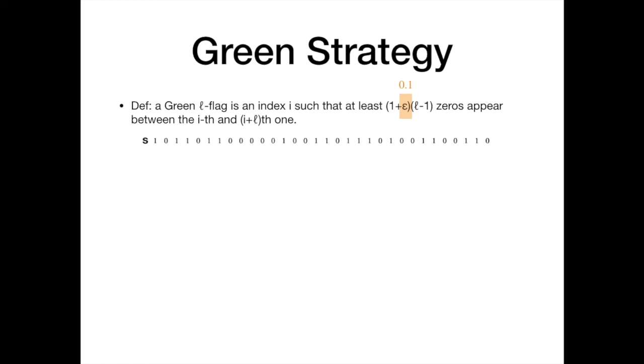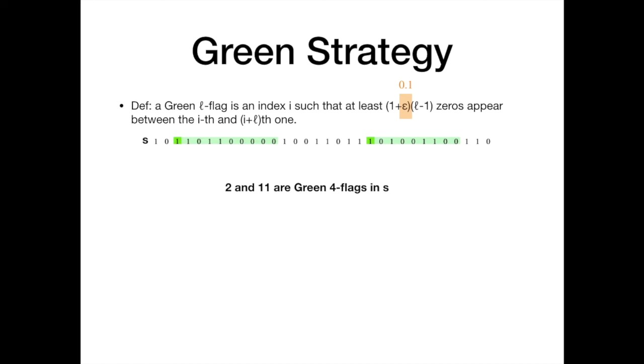It's easiest to see this with an example. Here S is some string, and I claim that 2 and 11 are green 4 flags in S. 2 is a green 4 flag because between the second one, which is highlighted green, and the sixth one, the lightly highlighted green region has more zeros than ones.